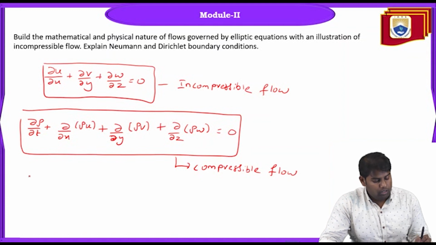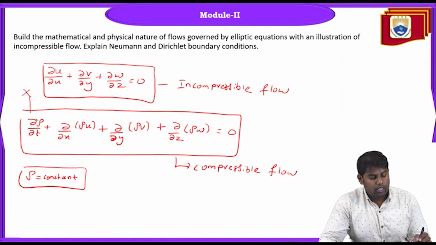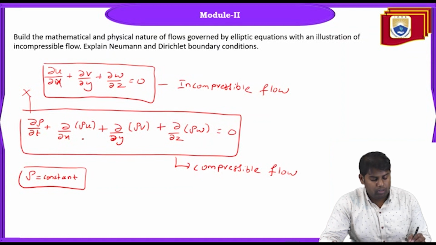When the density rho is constant, the time derivative term will vanish, so it will not be present. And whatever density terms are present in the space derivative terms will come out and be taken as common.